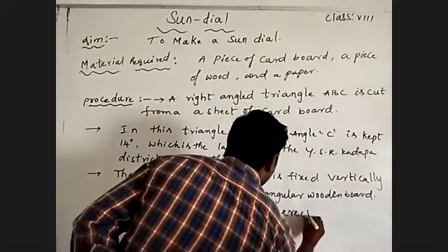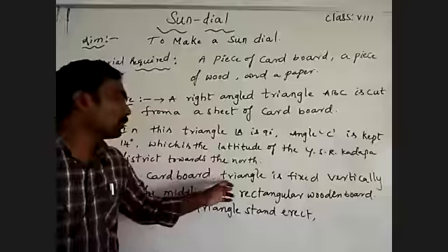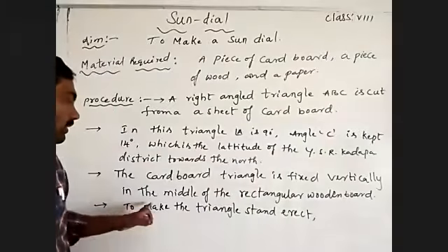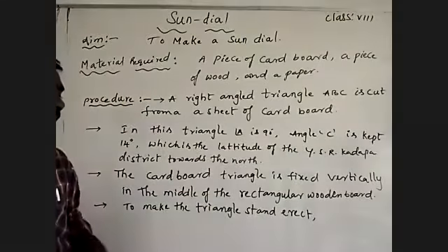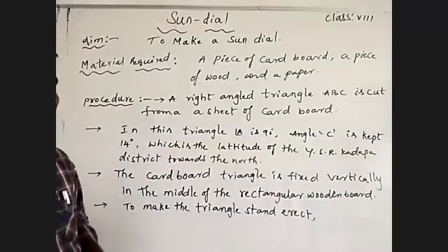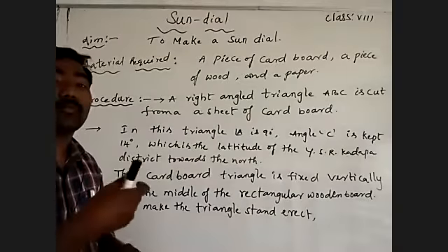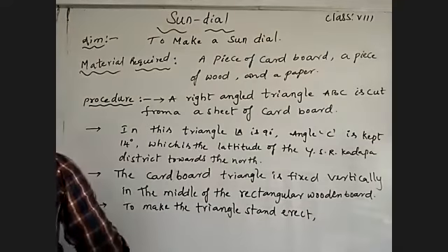Stand erect means vertically. As we said before, the cardboard triangle is fixed vertically in the middle of the rectangular wooden board. To erect it vertically, what do we want to do?